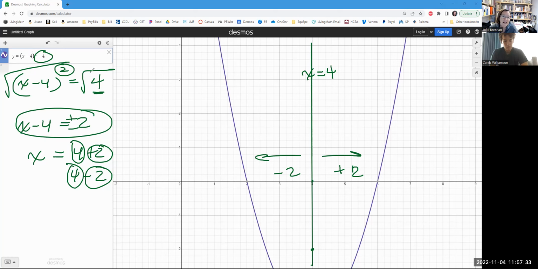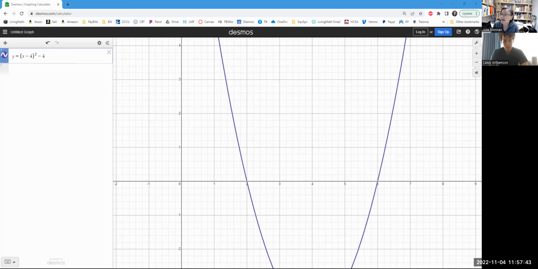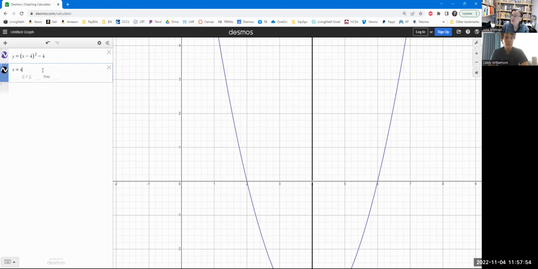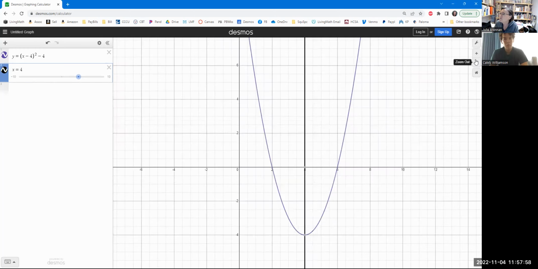And that's why I don't have a plus or minus; I'm just going to have one solution. Okay. So when you understand this, and you understand how it affects the picture, you get it all. And I'm going to put that line of symmetry in there. It's very helpful to see it. And I'm going to zoom out or zoom in a little bit, drag it over.